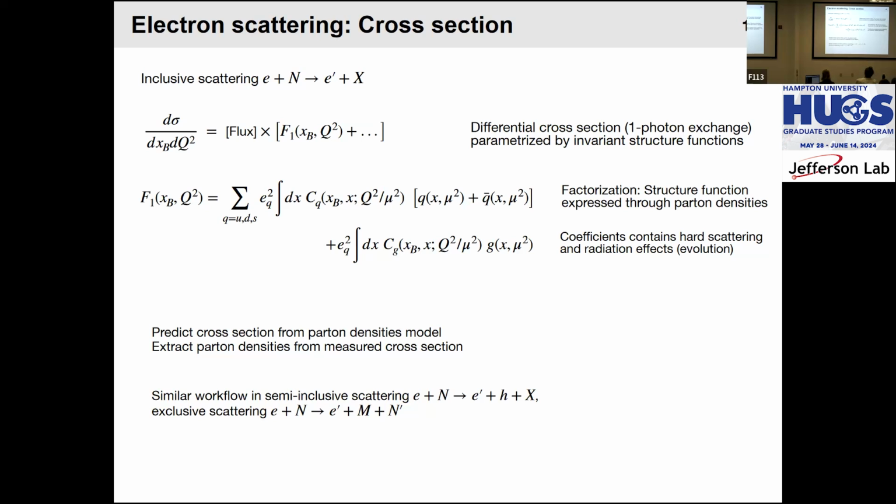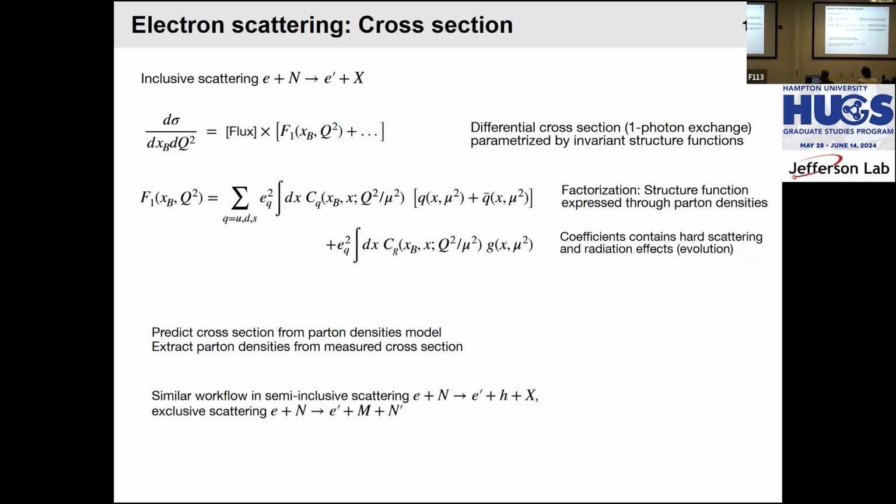So this is really factorization in action. This is the end result of it. These kinds of formulas you will see in any kind of experimental analysis. And we can use these formulas in two ways. We can either predict the cross section from a model of the parton densities, or we can do the reverse: we can extract the parton densities from the measured cross section.